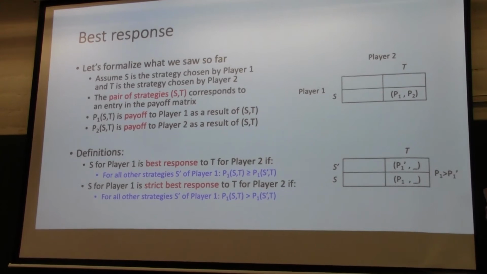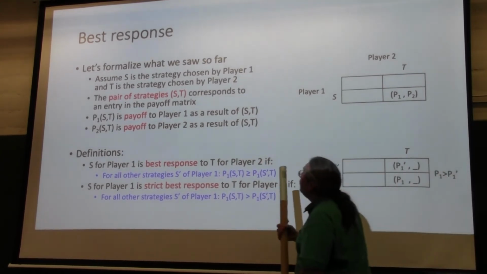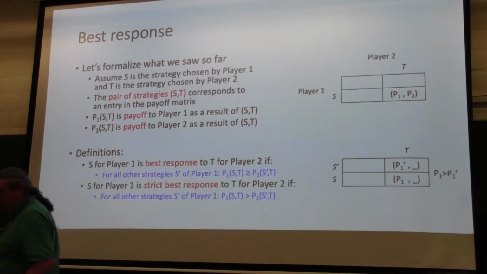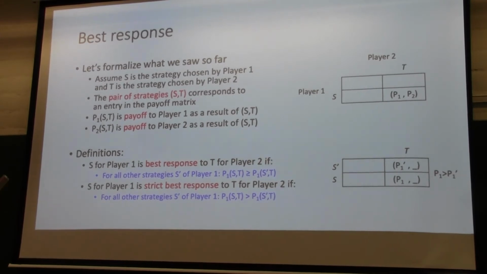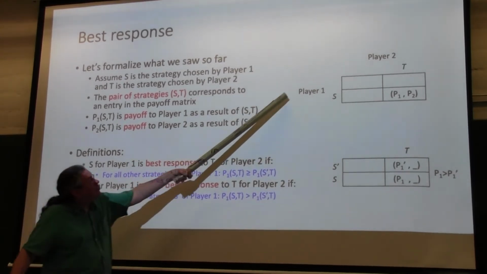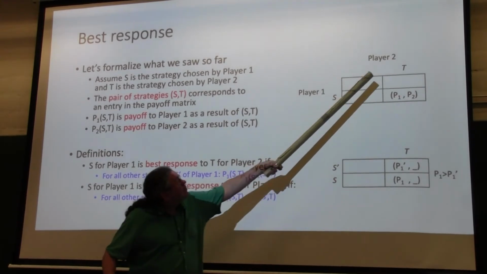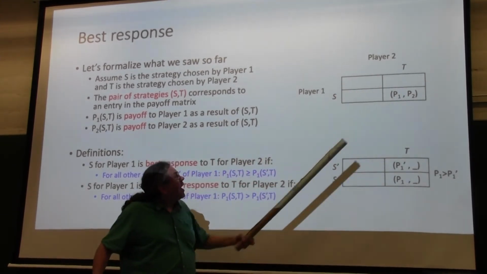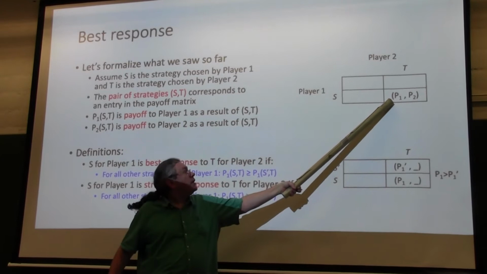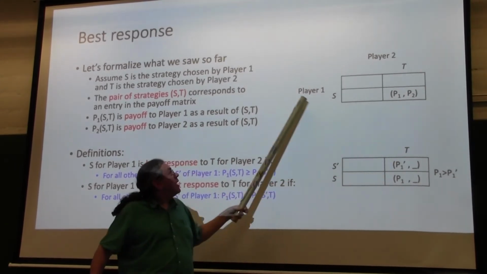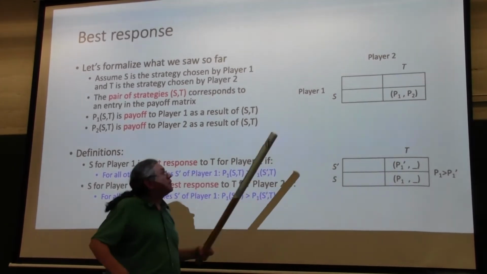So I have to define a concept called best response. Okay, it's actually very intuitive. Player 1 makes a move, S. Player 2 makes a move, T. And player 1 wins P1, and player 2 wins P2. Okay, so that's the payoff matrix, huh?